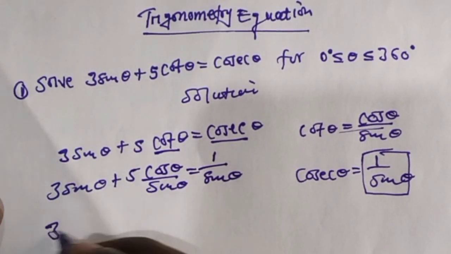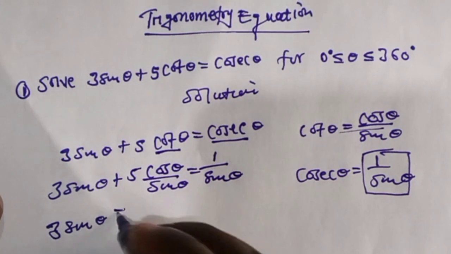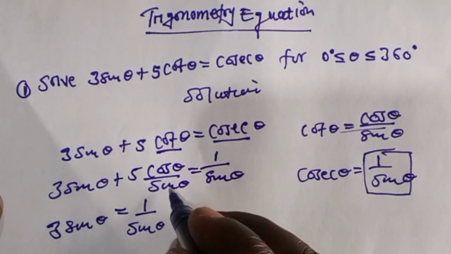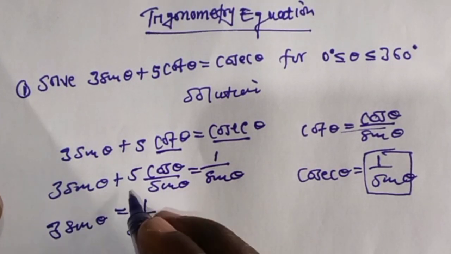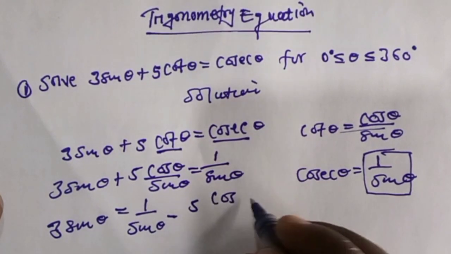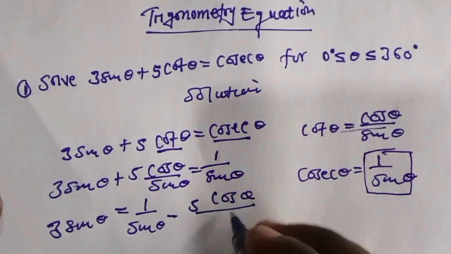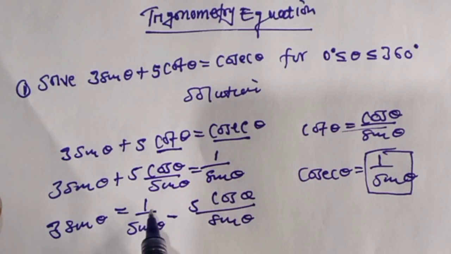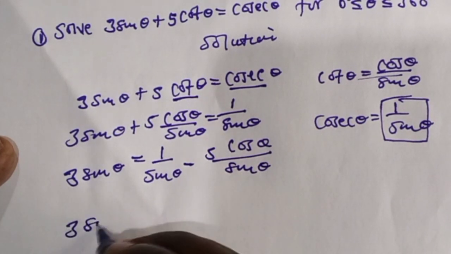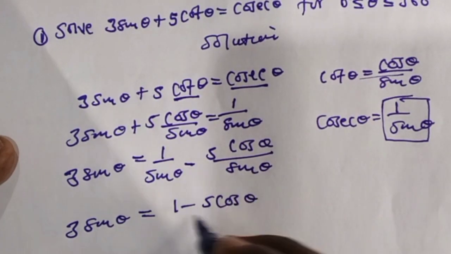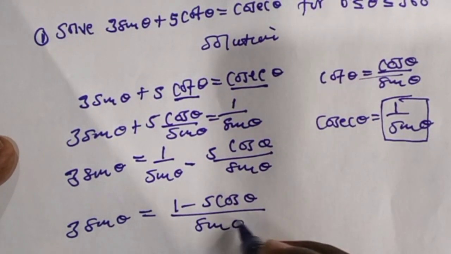So 3 sine theta equals 1 over sine theta, and 5 cos theta over sine theta, which is positive, when it crosses the equal sign becomes minus 5 cos theta over sine theta. The common denominator is the same, so we subtract: 3 sine theta equals 1 minus 5 cos theta over sine theta.